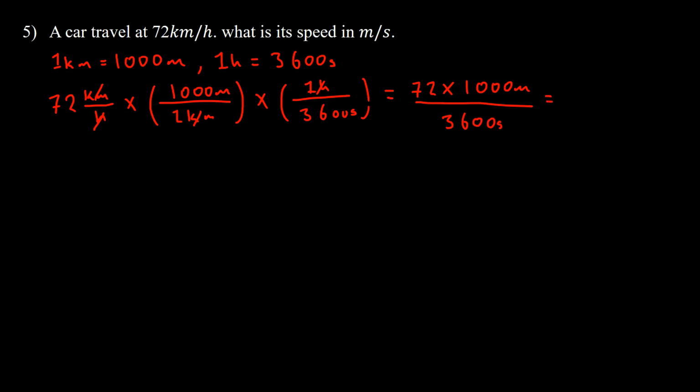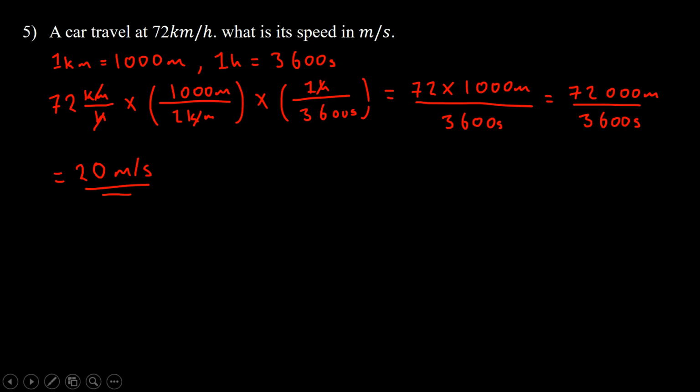If we multiply 72 by 1,000, our answer will be 72,000 meters, and then divide by 3,600 seconds. If we do the division, our final answer will be 20 meters per second. So we have converted the 72 kilometers per hour into meters per second. We are done with this question. Let's take a look at another question.